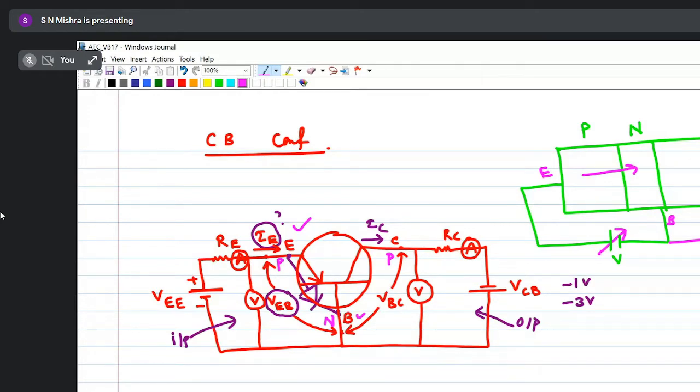If the junction is reverse biased, is the depletion region more or less? More. Suppose initially I have taken VCB as minus 1 volt and the depletion region is like this.